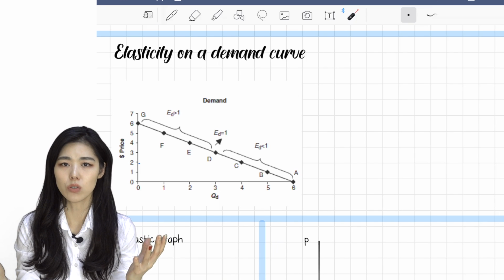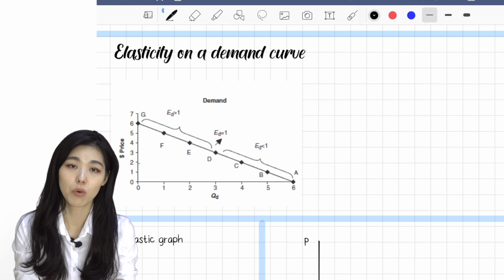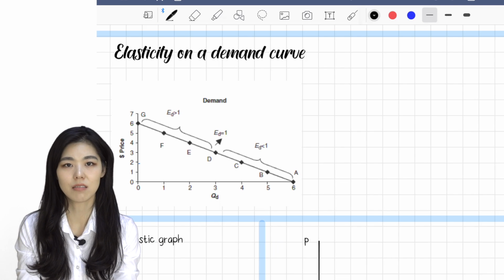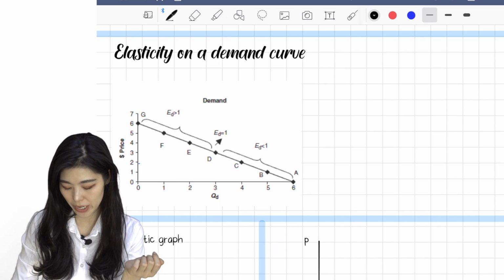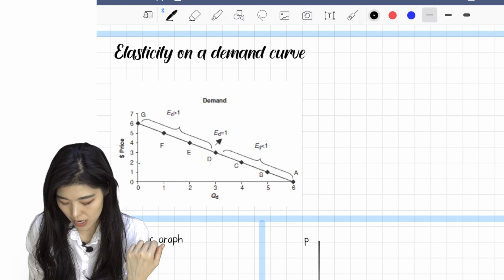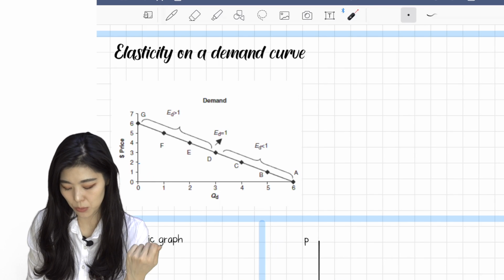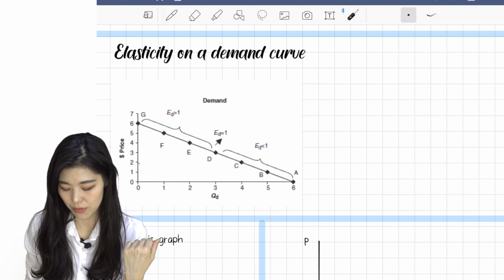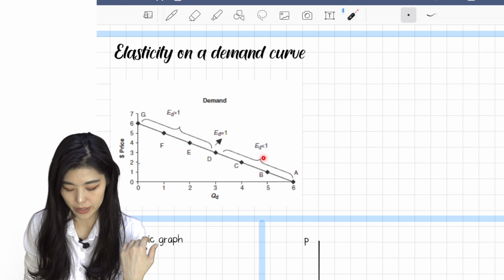That's a big amount of price change. But 50% of the price of orbeez is only like 5 cents. So it's not going to affect my quantity demanded that much. So here at the bottom of the demand curve, the prices are going to be lower. That's why its elasticity of demand is going to be more inelastic than the upper part of the demand curve.